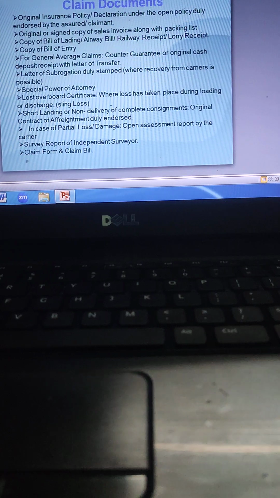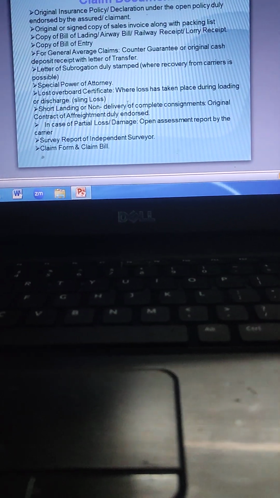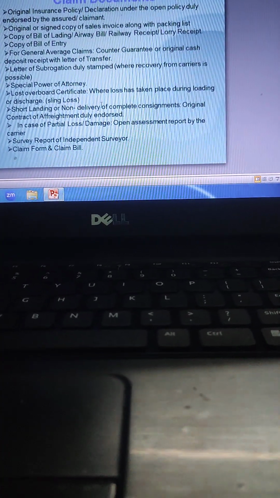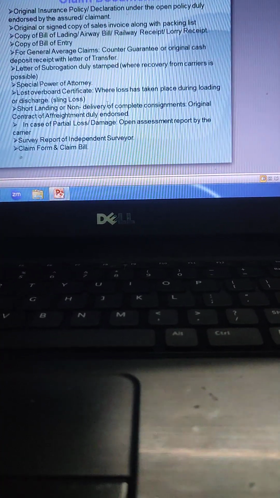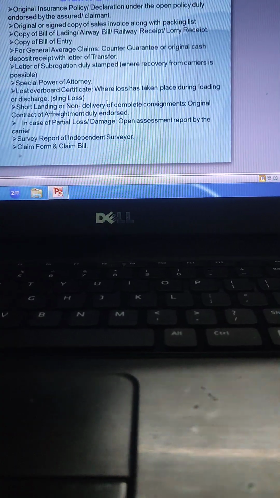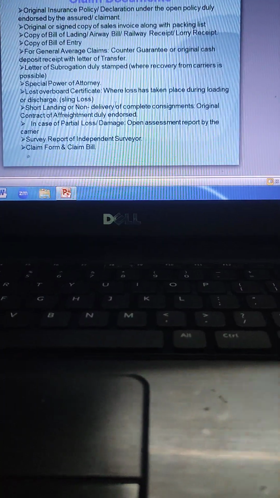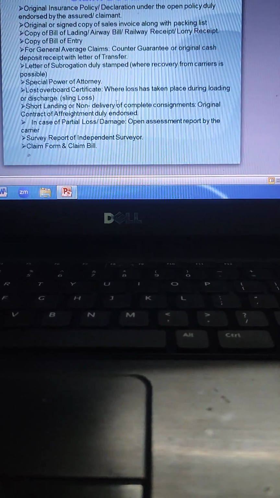For the claim documents, the documents required are different from other claims. Here, original insurance policy or declaration, original or signed copy of sales invoice, then copy of bill of lading or airway bill or railway receipt, or copy of bill of entry.